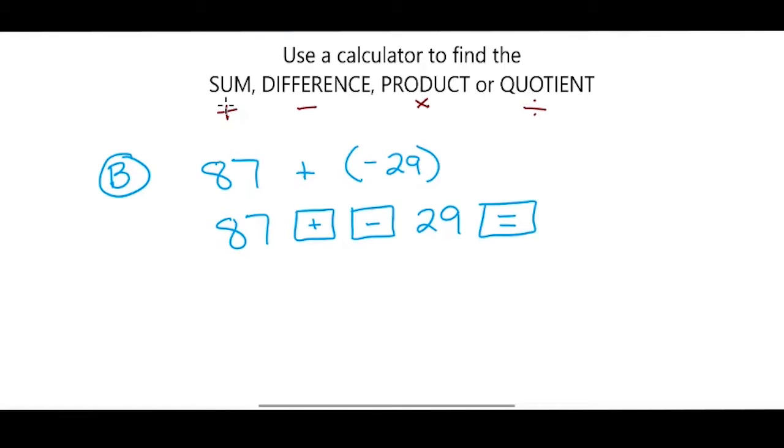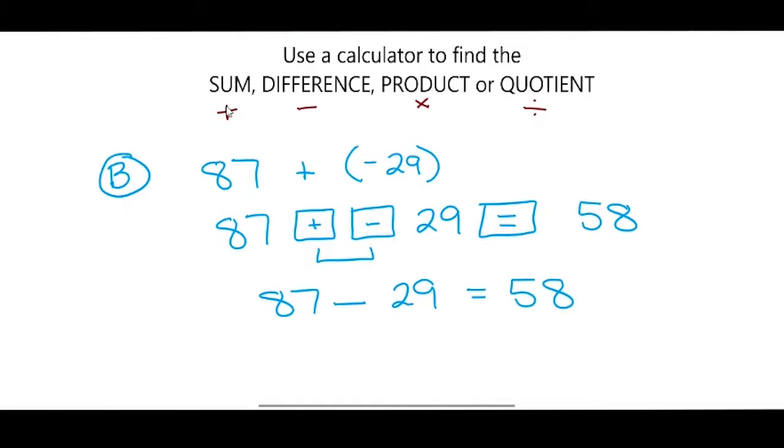Your calculator should give you an answer of 58. If you'll remember that when the signs are double signs like this, we could just treat this as 87 minus 29, which will definitely give you 58.